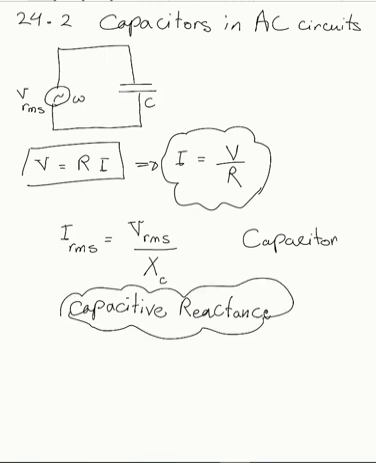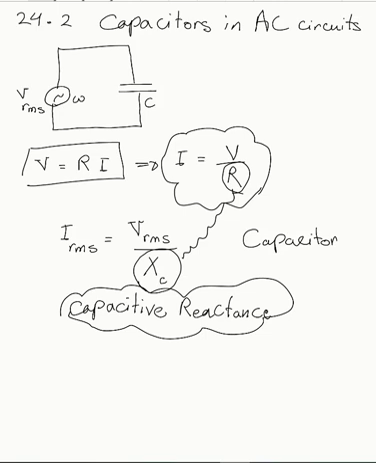So you see the similarities between R and X_C. Basically they are both types of resistance in the circuit. While R shows the resistance in the circuit because of the resistor, X_C shows a kind of resistance because of the existence of the capacitor in the circuit.